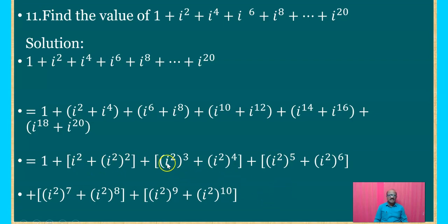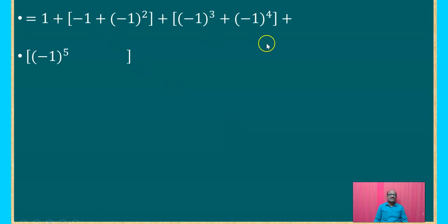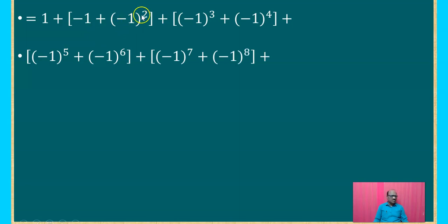Next, in a similar manner, i square is a minus 1. Minus 1 cube means what? Minus 1. And minus 1 raised to 4 is plus 1. Again, this term will get cancelled. In a similar way, all these brackets will get cancelled. Minus 1 square means what? Plus 1. Plus 1 minus 1 get cancelled.